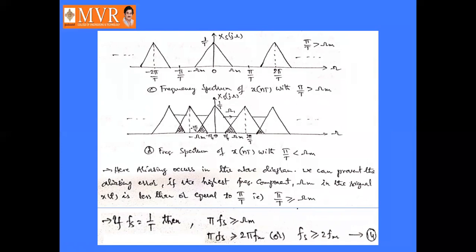We can prevent the aliasing error if the highest frequency component omega m in the signal x of t is less than or equal to pi by T. That is, pi by T is greater than or equal to omega m.